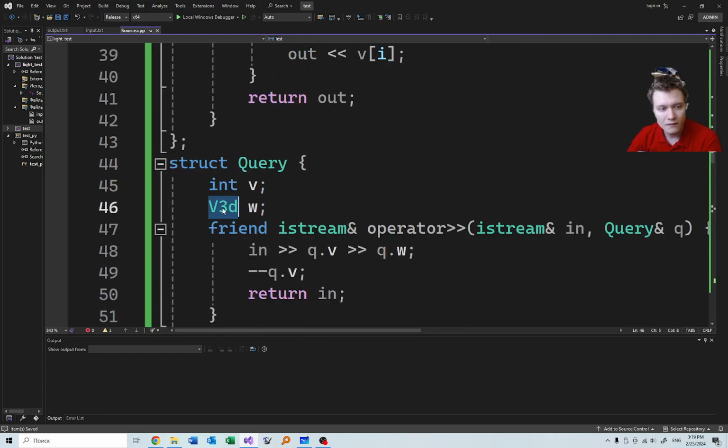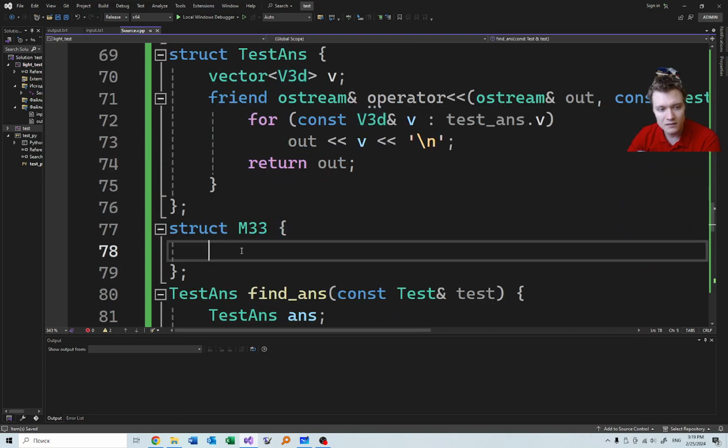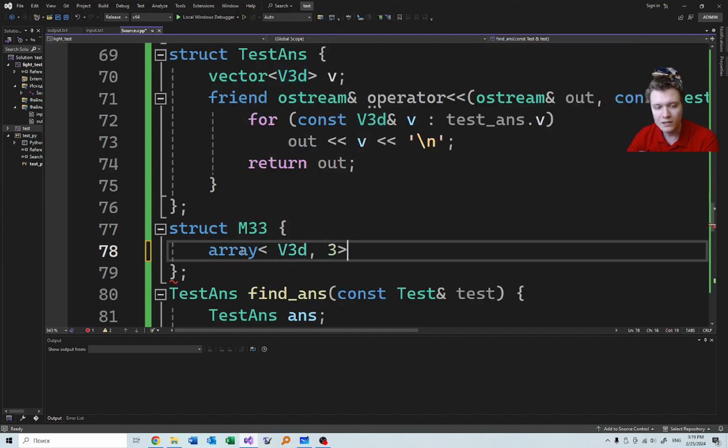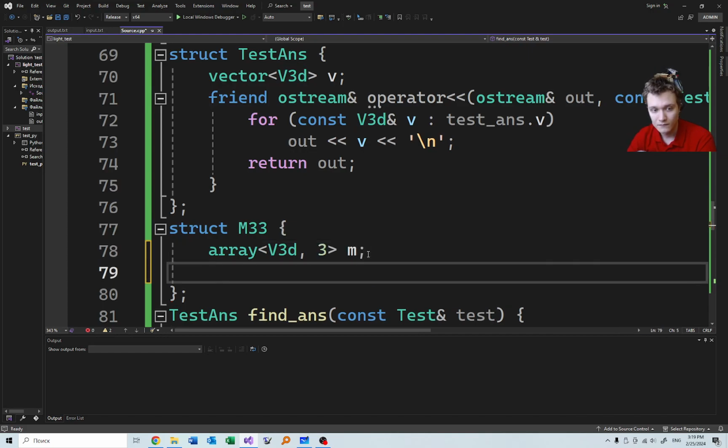So matrix 3, 3 consists of three vectors. Now we need to write some function. We need only multiplication actually. We need several things. Let me think.